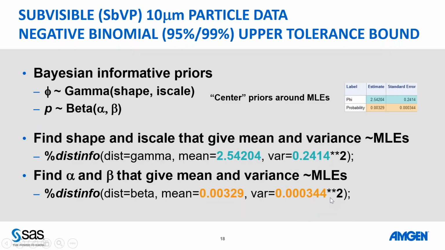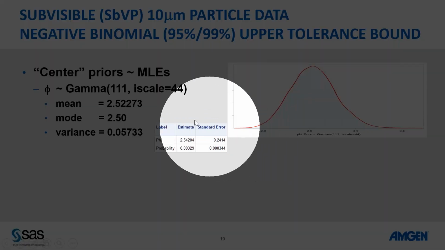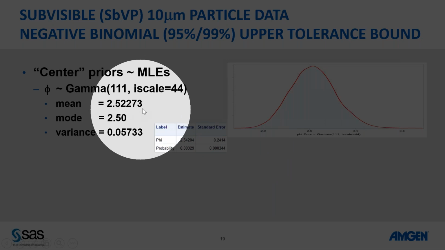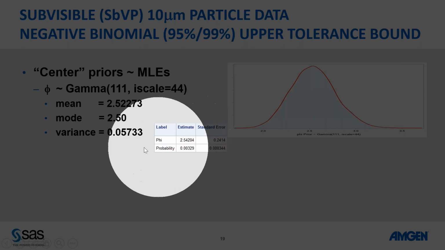And the macro comes back and tells you what the shape and scale are for the gamma and what the alpha and beta are for the beta distribution. That's simple. So the macro told us that the gamma parameters are 111 and 44. A gamma with those parameters has a mean of 2.52273, and notice this is close to the 0.54204.